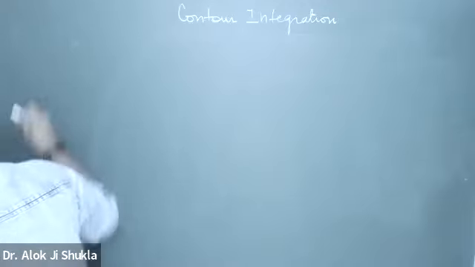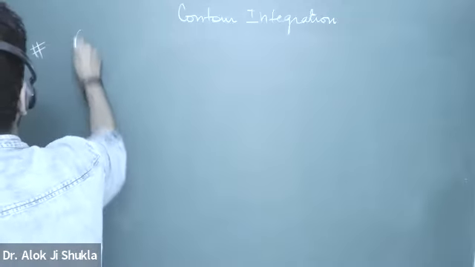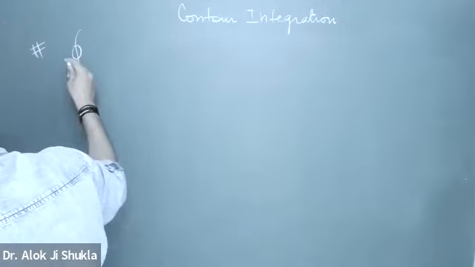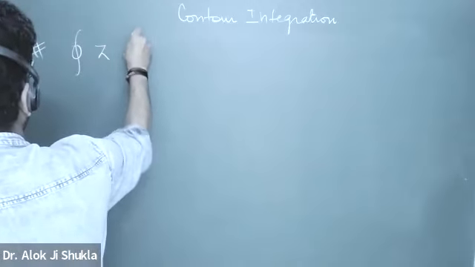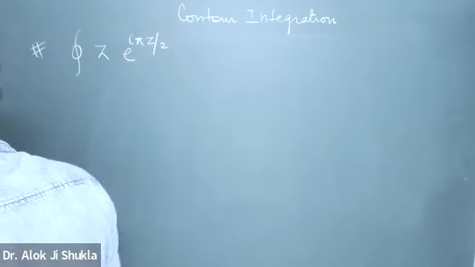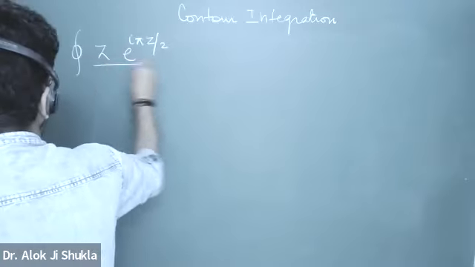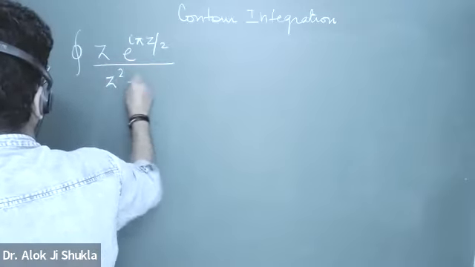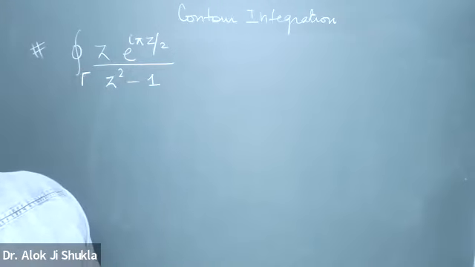Okay. So let me take the integral. It is like this: integral of z e to the power I pi z by 2 upon z square minus 1, and the closed contour is gamma.